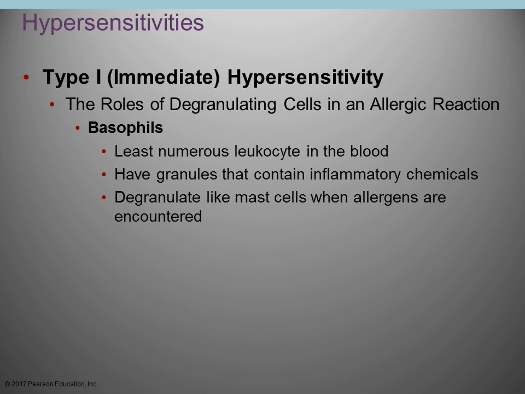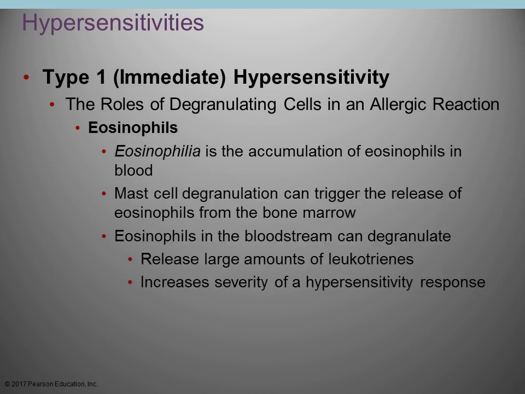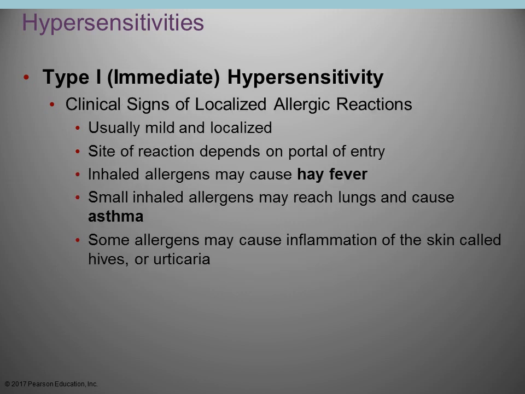And just like the mast cells, when they encounter the antigen, they're going to be releasing a lot of these inflammatory compounds. Eosinophils can be released from the bone marrow by the mast cell degranulation. And then as they are in the bloodstream, they release large amounts of leukotrienes. They can increase the severity of this type of hypersensitivity response.